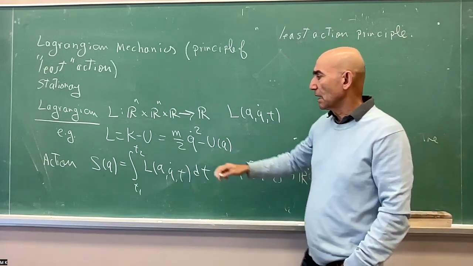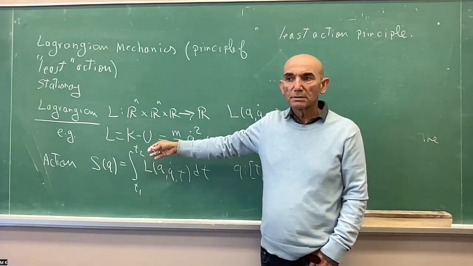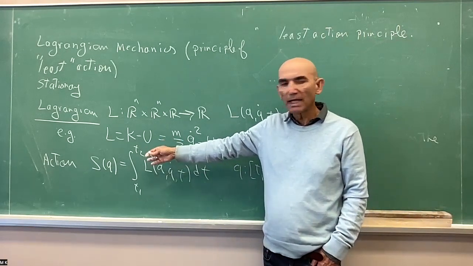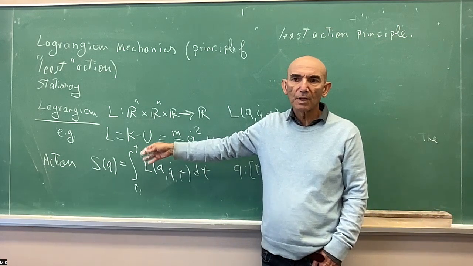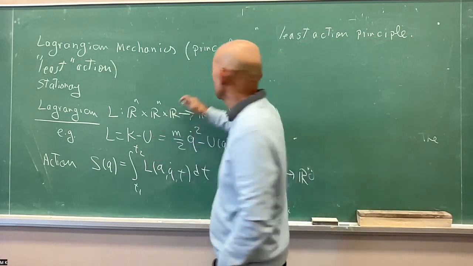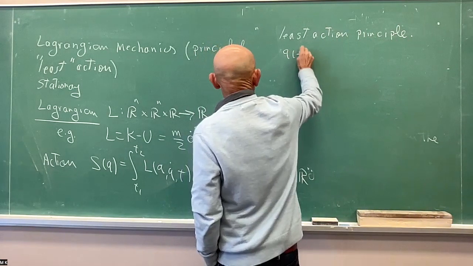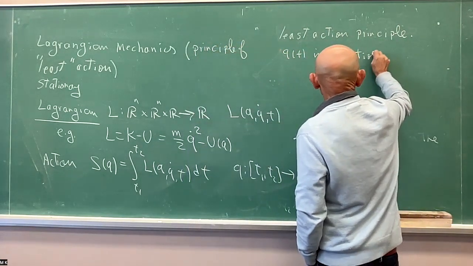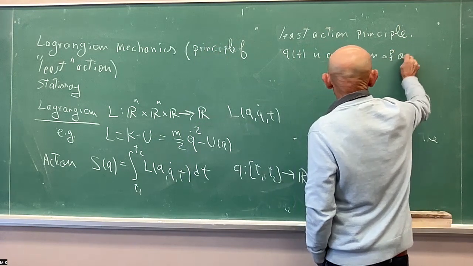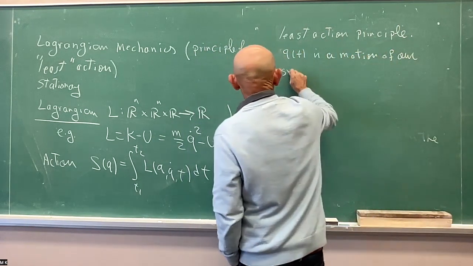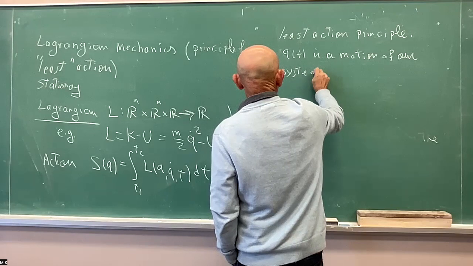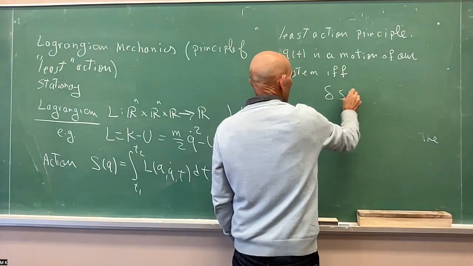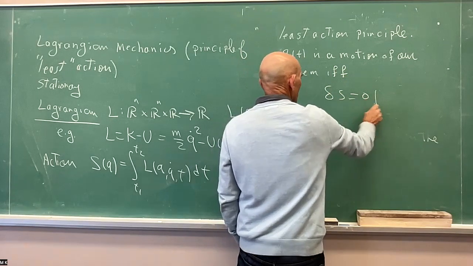Okay, basically, particles move along paths such that this S is stationary. The motion of the system occurs if and only if delta of S equals 0.